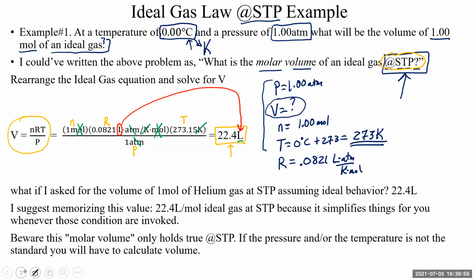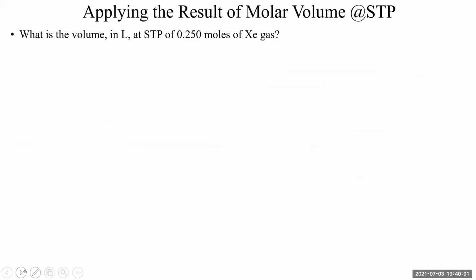Let's do an example where we actually use the result of the molar volume of an ideal gas at standard temperature and pressure. What is the volume in liters at standard temperature and pressure of 0.25 moles of xenon gas? The assumption here is, and oftentimes it'll go unstated, but I'll make it explicit right now, assuming ideal behavior.